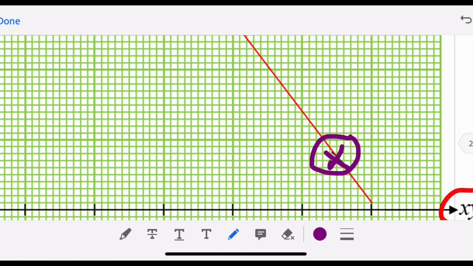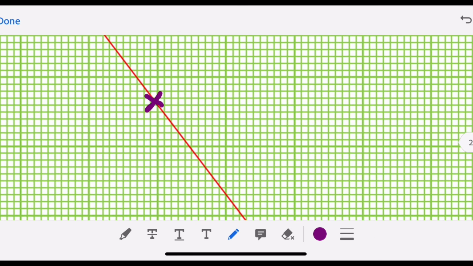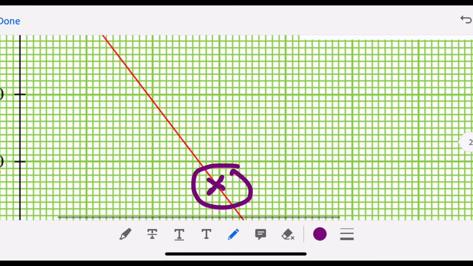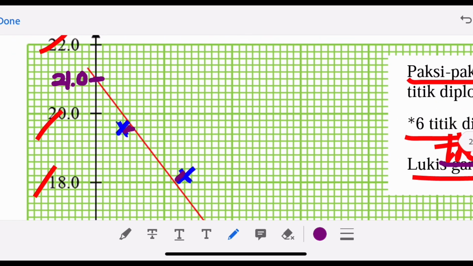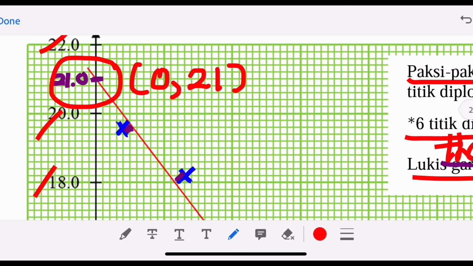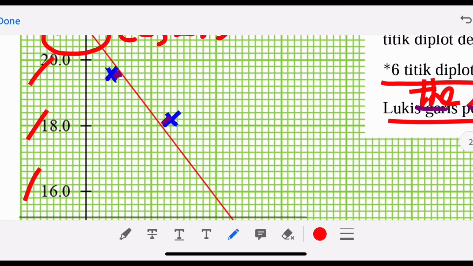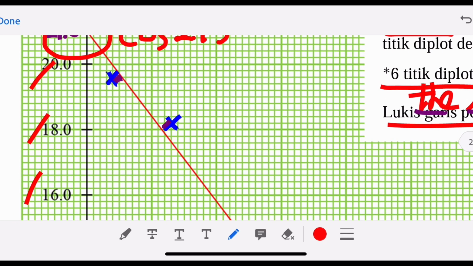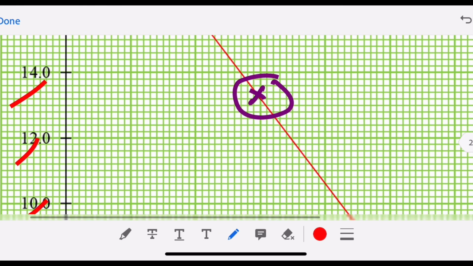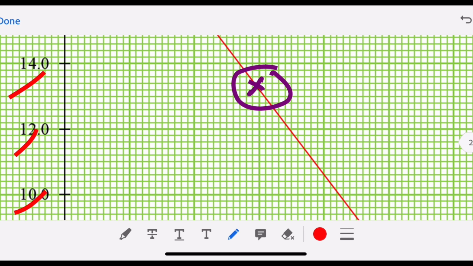We can consider this point, or maybe this point, or we can use the y-intercept. The y-intercept is a good point to use, which is 0.21. So we can find the gradient by using 0.21 and the other point that is exactly on the line.